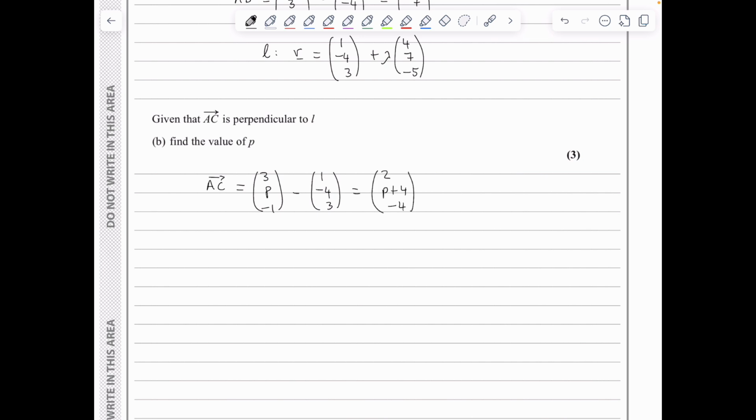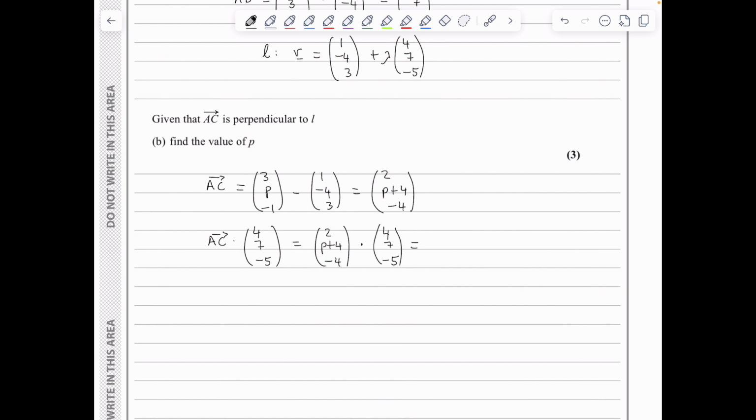We know that if two vectors are perpendicular, then their dot product is going to be 0, so I'll be dotting AC with the direction of L, which is given by the direction vector of the line. So we're looking at AC dot the 4, 7, negative 5, which gives me 2P plus 4, negative 4, dotted with the 4, 7, negative 5.